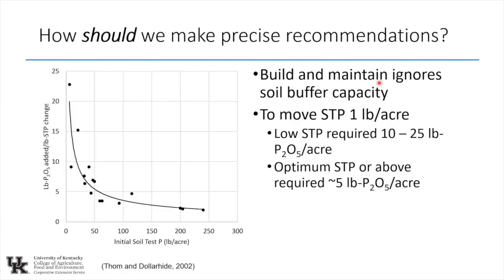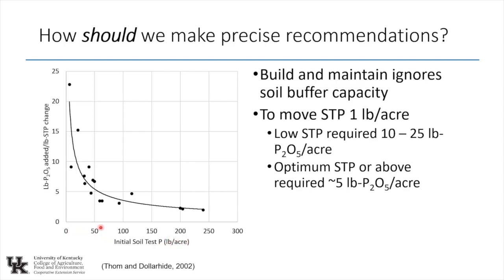So what is this kind of buffer capacity and how does it factor in all this? This data from Tom and Dollarhide shows how much in pounds of soil P2O5 added are required to change soil test 1 unit. So at the University of Kentucky, our soil test is provided in pounds per acre. So for phosphorus, it's pounds per acre of phosphorus.